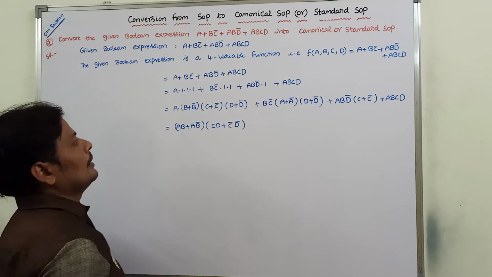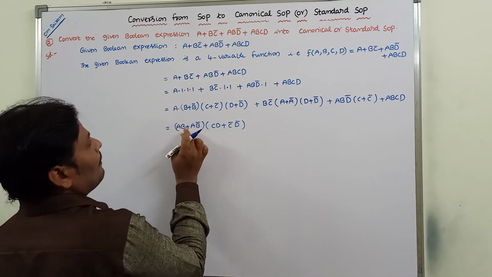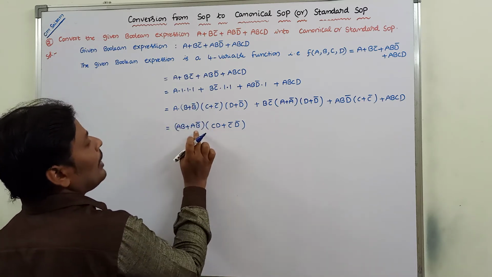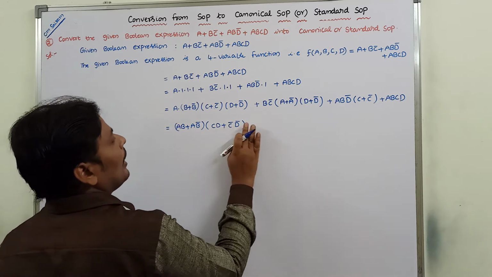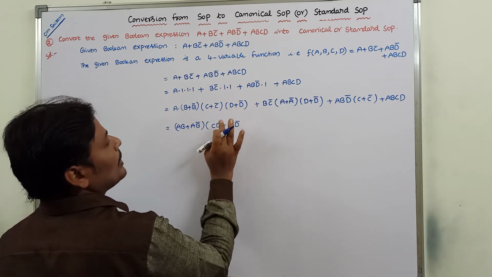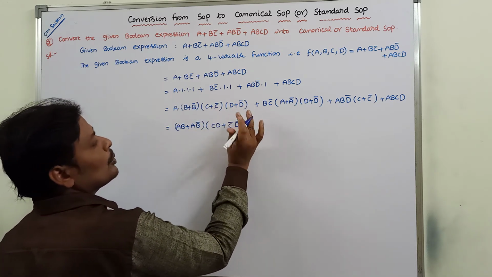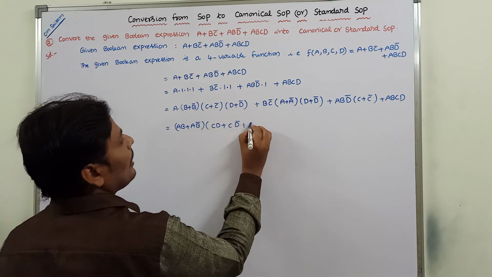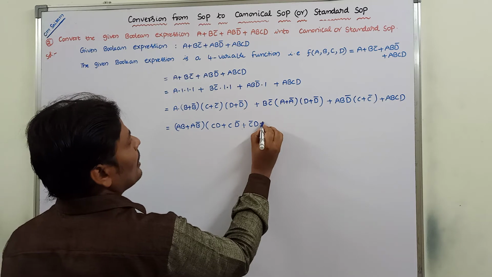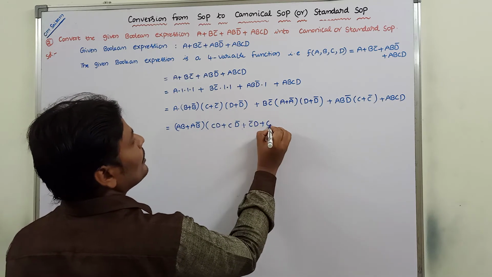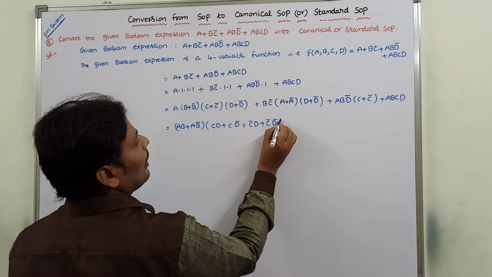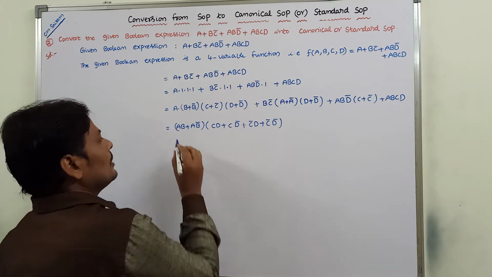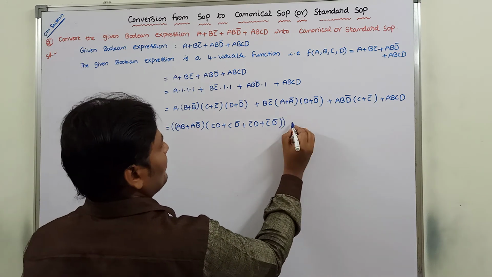Then a into b, ab, a into b bar, ab bar. Here I am writing c into d, cd, c into d bar, that is cd bar, plus c bar into d, c bar d, plus c bar into d bar, c bar d bar. So this is the first term.